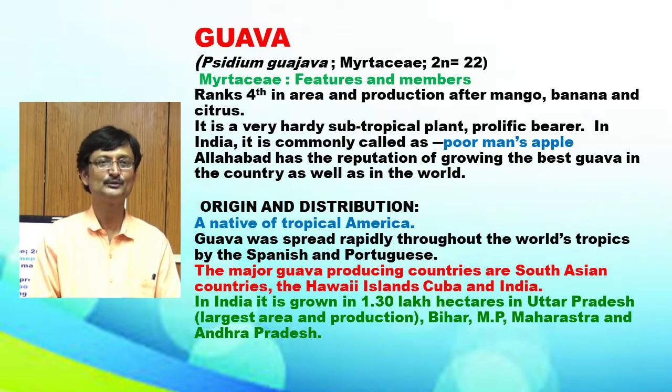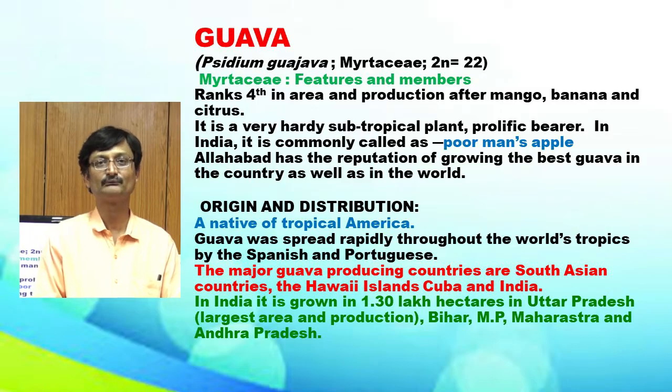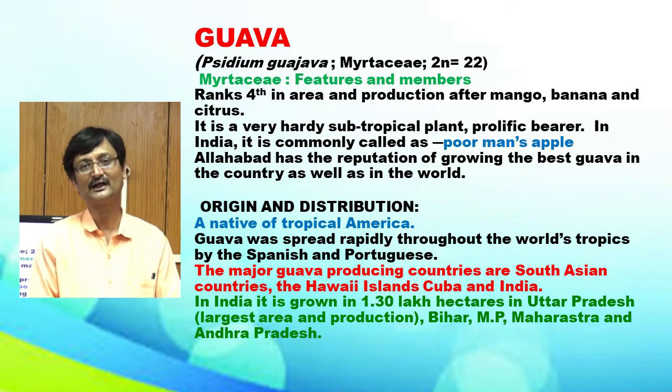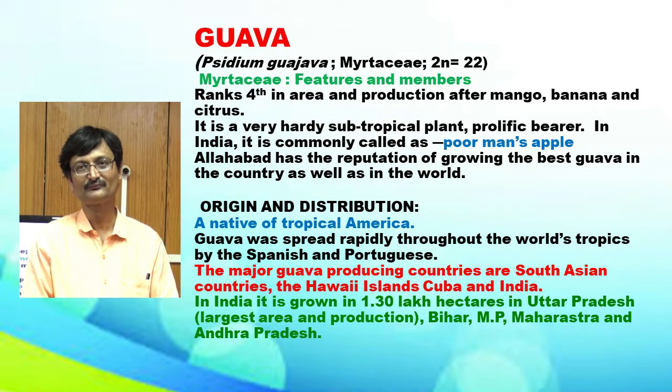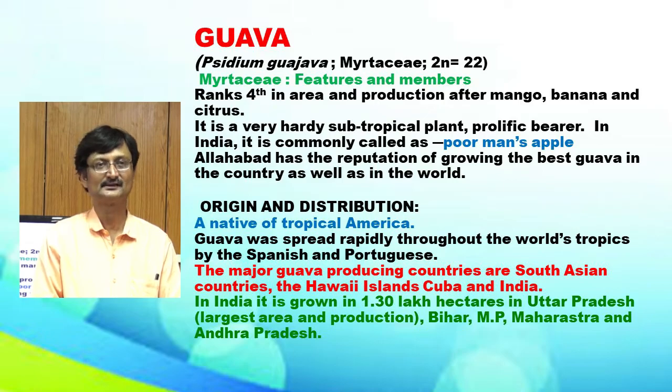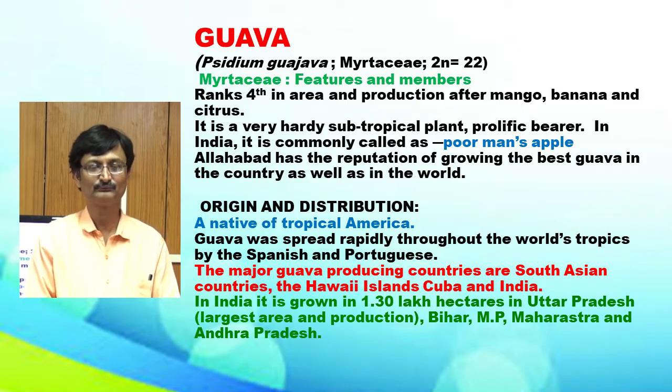These are the important members of the Myrtaceae botanical family. The main features of this family are regular peeling of bark, angular shoot, and persistent calyx, which can be easily seen in guava, clove, and all.